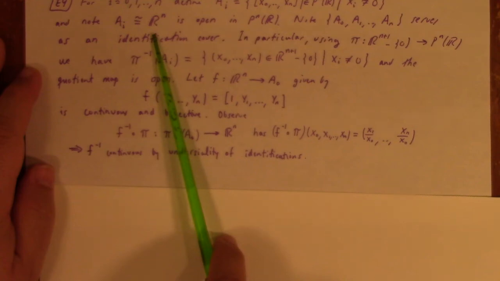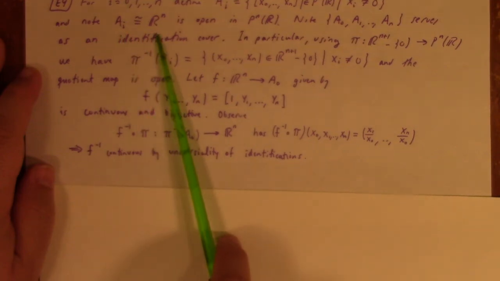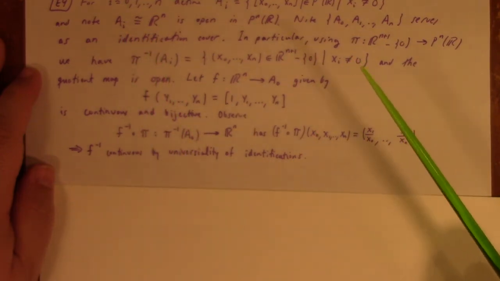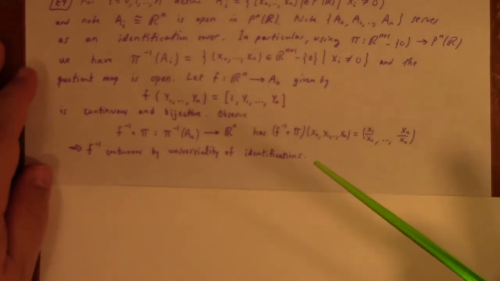And if you look at all of the representatives of projective n space, you can split it up into pieces where you have a particular component non-zero, right?